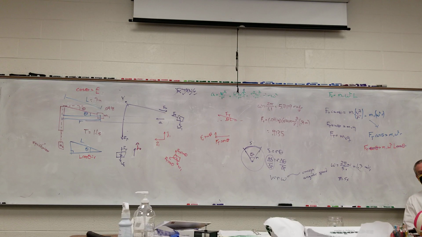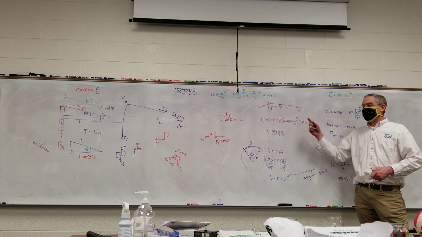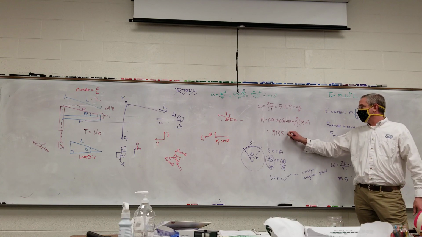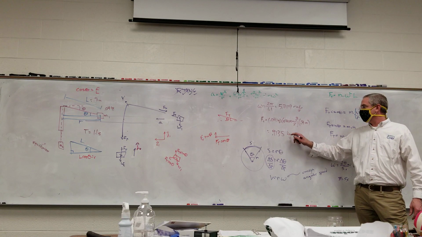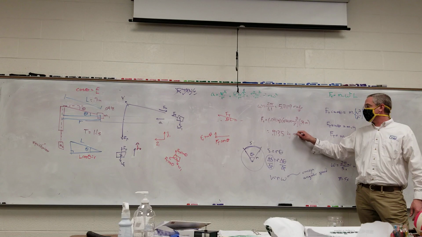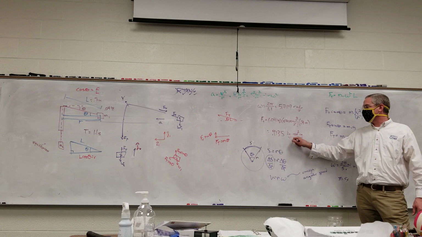All right, let's piece it together. What did we multiply together, unit-wise? Kilograms, radians per second, and meters. Don't forget the square. Squared. So kilograms, radians squared, meters per second squared.